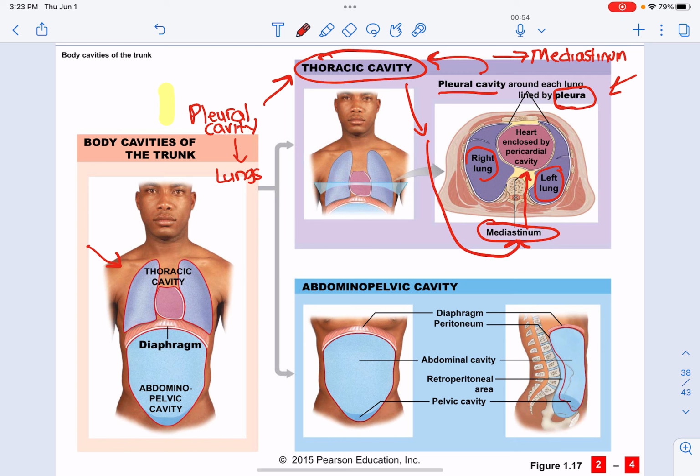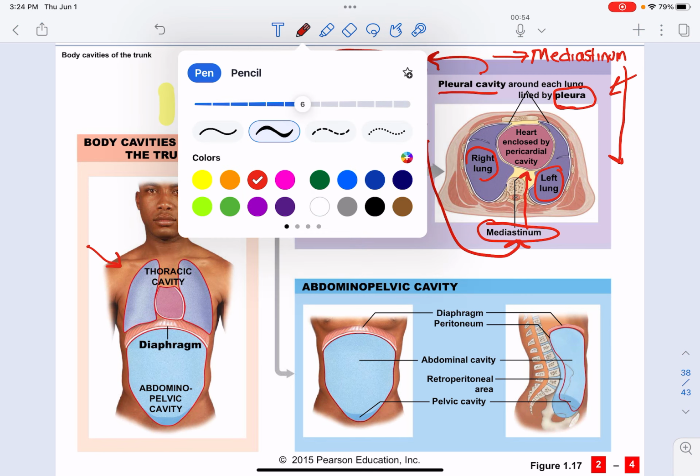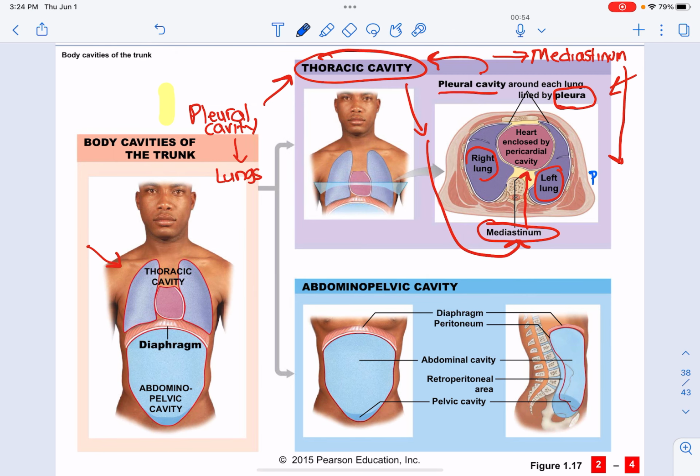And within the mediastinum is the pericardial cavity. I'm going to run out of room here. Sorry, that was kind of disastrous. Okay, so the mediastinum, just to outline this, is all here in yellow.